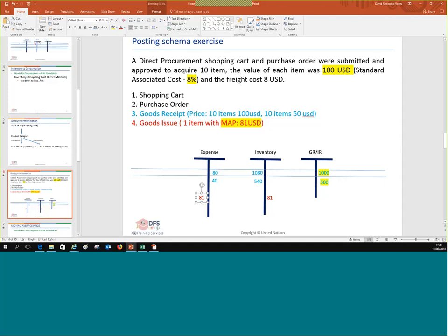That's why I'm insisting on this moving average price, because you can clean your house, you can clean your account, but if we leave the window open, in the next goods issue we'll have the same problem. So you have to be aware of why you have the wrong posting and fix also the root problem, which is moving average price.